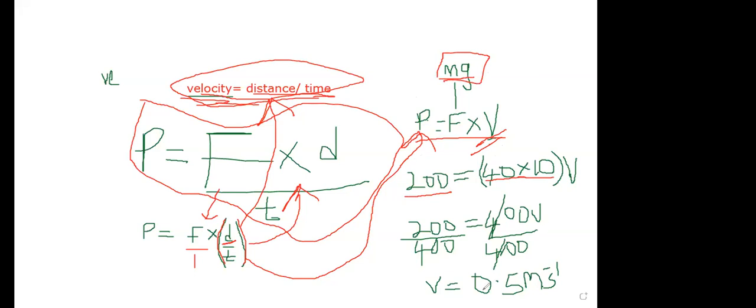And then I get the velocity that they asked for as 0.5 meters per second. I think I've explained well where I got the G, acceleration due to gravity. Distance over time gives us speed or velocity, and it's the velocity they asked for.